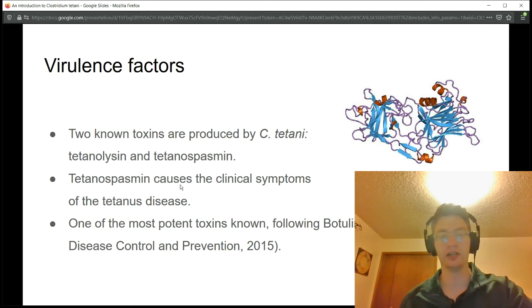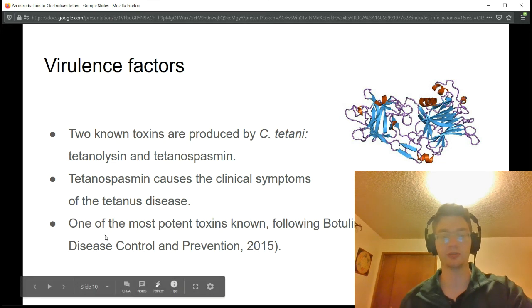Tetanospasmin is the main cause of the clinical symptoms of the tetanus disease, and we're going to talk about how it does that. And it's actually one of the most potent toxins known, just following botulinum toxin. So it's the second most potent toxin known.